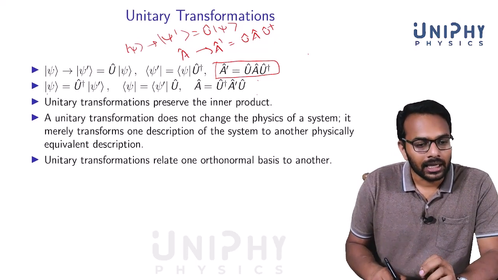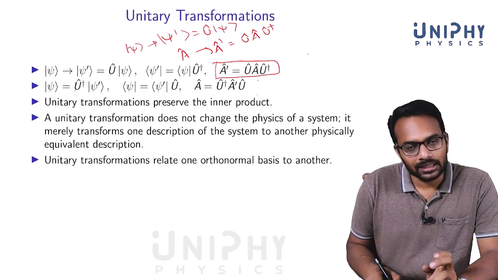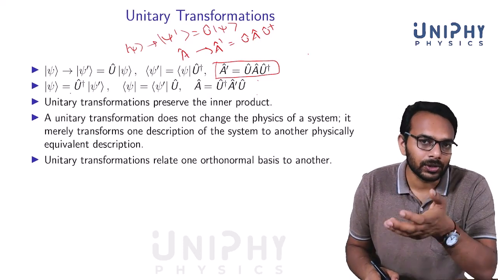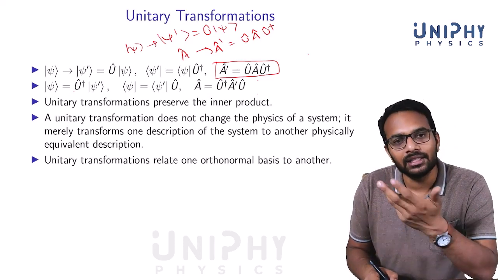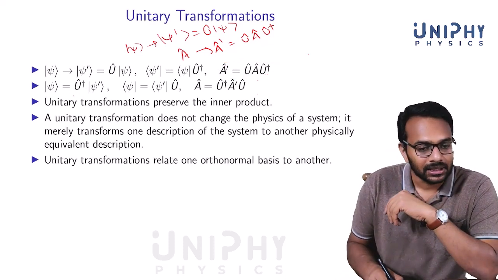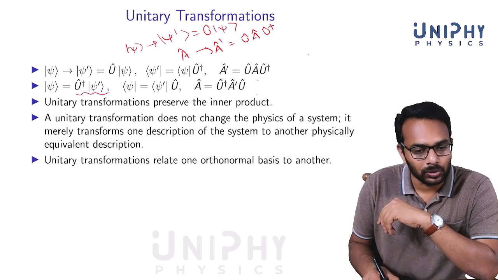All right, and you can also consider the opposite case, because U dagger is also a unitary operator. It's just a matter of convention which one you call an operator and which one you call the inverse operator. So if you look at the inverse transformation, psi is equal to U dagger psi prime.